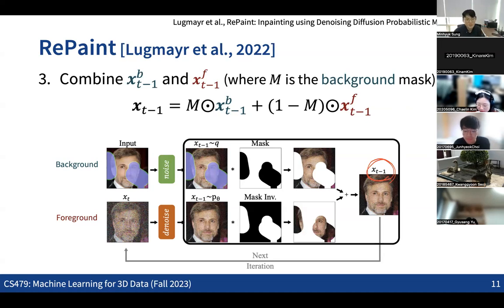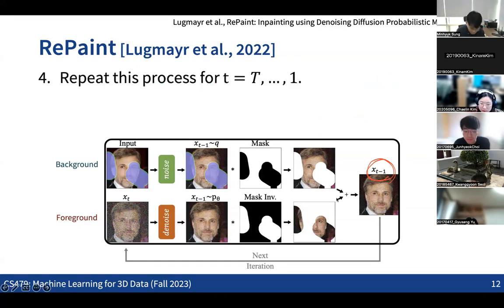So basically, we are repeating this process, right? What we can see here is that on the way we run the reverse process, we are not directly using each of the x_t noise images, but we are combining the noise images, which also come from the background, perturbed to the same amount of time step. Then we composite these two images and use that in the reverse process.